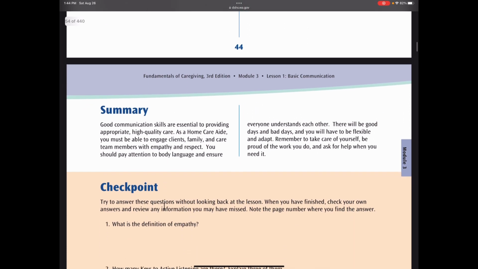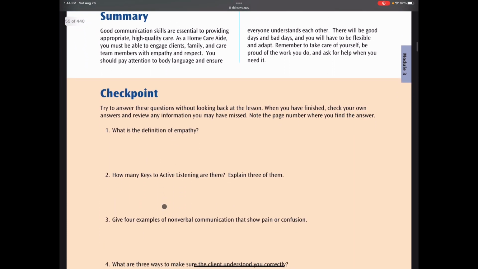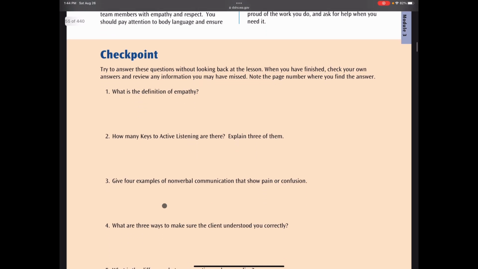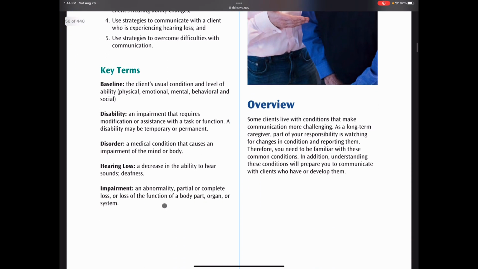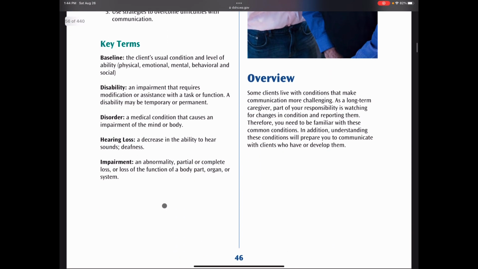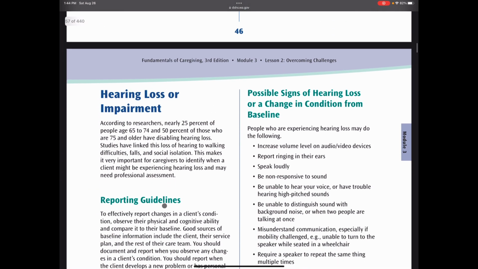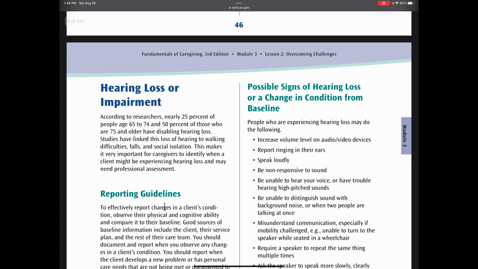Okay, let's go to lesson 2. How do we overcome challenging behaviors? There are some vocabularies you need to know over here. Okay, there might be some people with a hearing loss impairment.